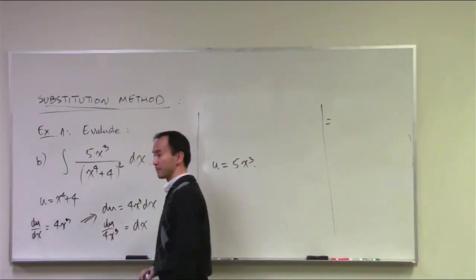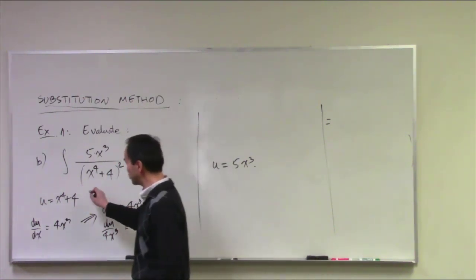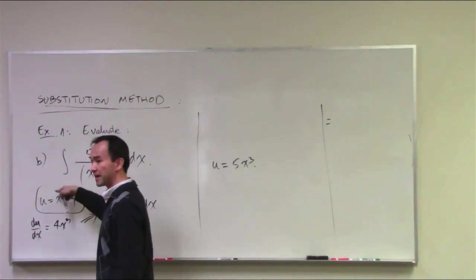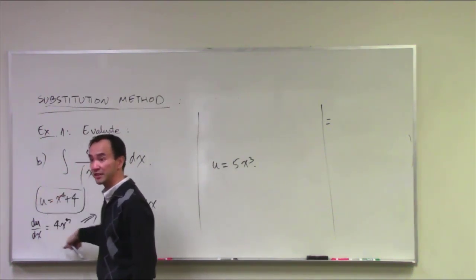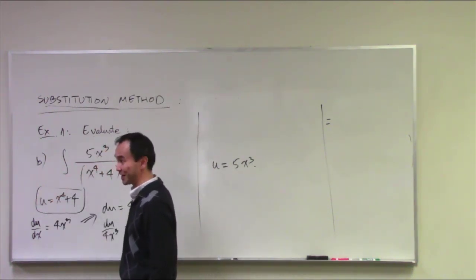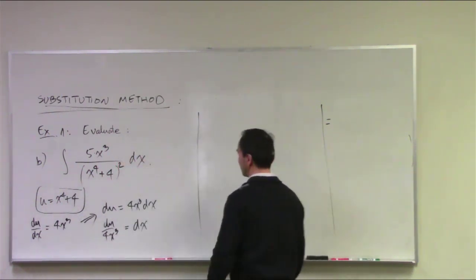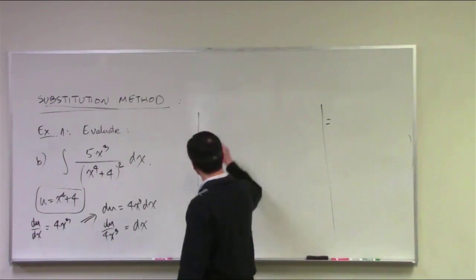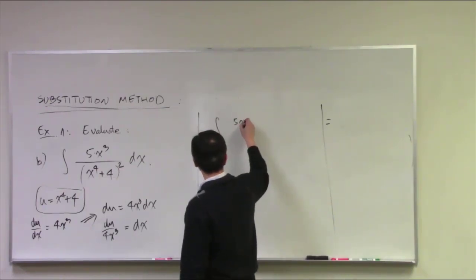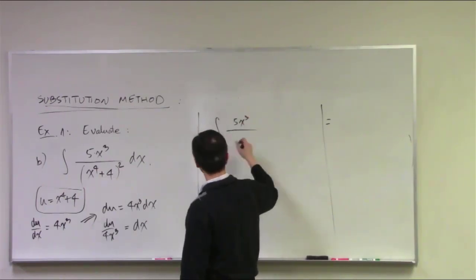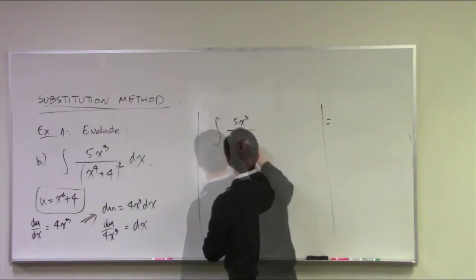dx. So you chose this substitution, but from that substitution, you have created for yourself a substitution for the dx. And so now let's put the pieces together. You got 5x cubed, then the one in the denominator here is going to be u squared.